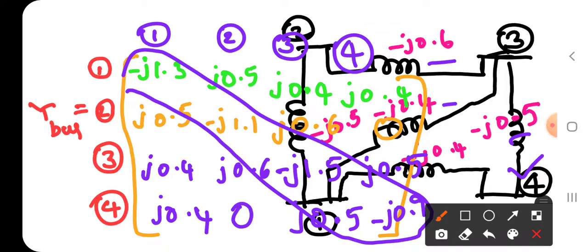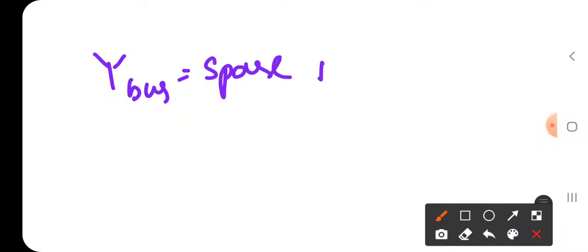And this Y-bus matrix is a sparse matrix. Yes, what do you mean by sparse matrix?